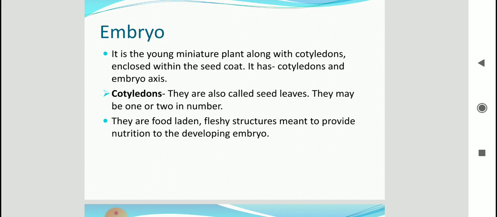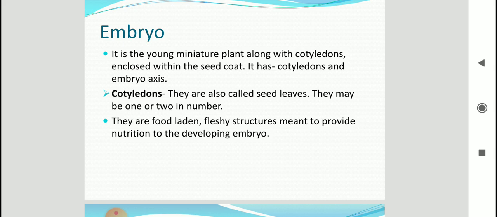One by one we will take up. What is cotyledon? Cotyledon is nothing but the embryonic leaves, the seed leaves. Now, number of cotyledon may be 1 or 2, and this number of cotyledon present helps us to classify it under monocot plant or a dicot plant.